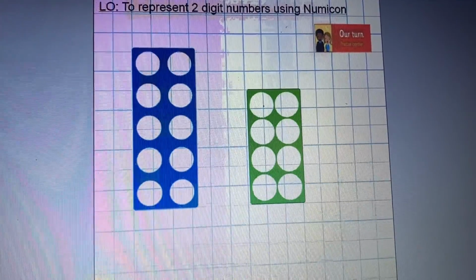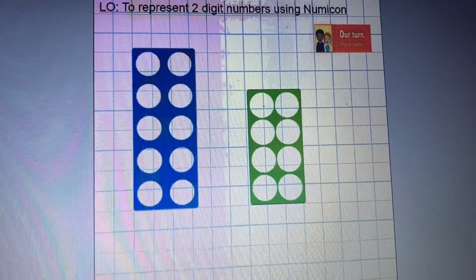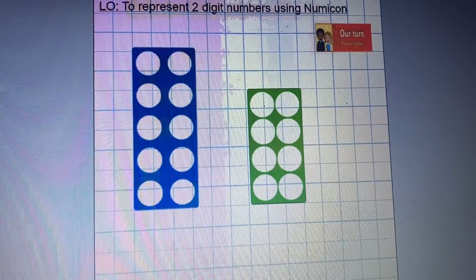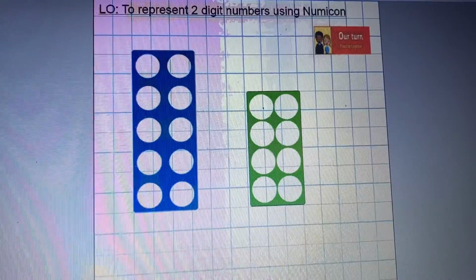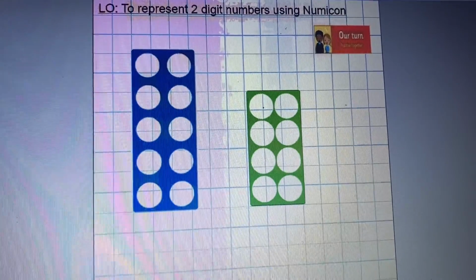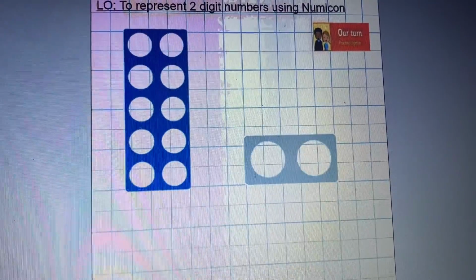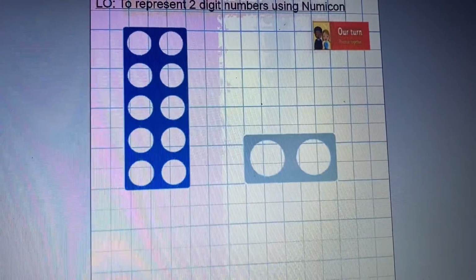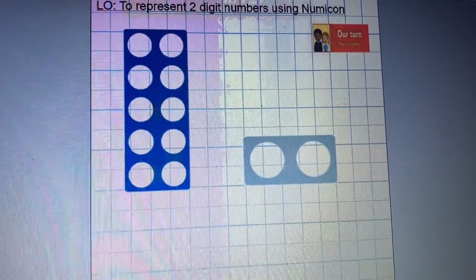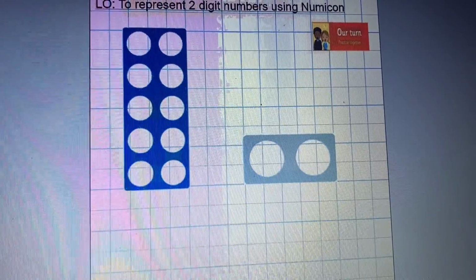Pause the video now to write it down. Here's our next one. Again, pause the video and have a go.